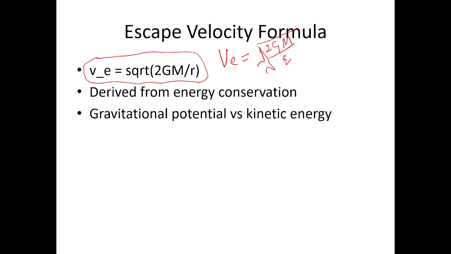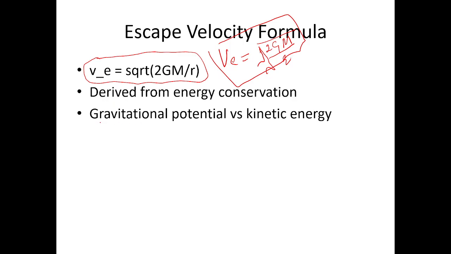This whole is under the root. Where G is the Newton gravitational constant, M is the mass of the black hole, and r is the Schwarzschild radius. So this is the formula for the escape velocity. We want to derive this formula.